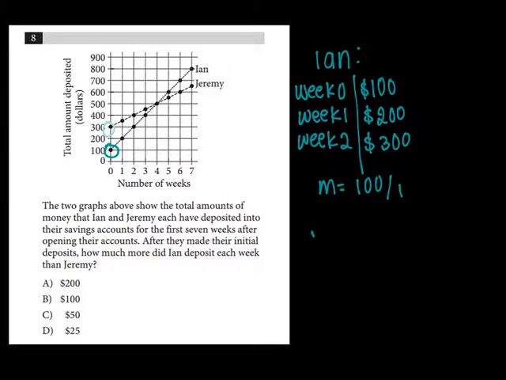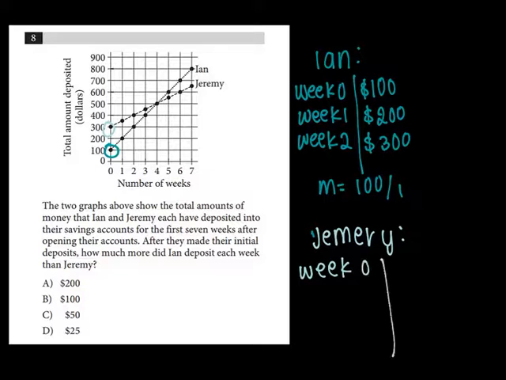Now, as we look on to Jeremy, we see that he starts with 300, which is, once again, more than what Ian started with. And let's just write this down. And as he moves on to week 2, we see that he only deposited $50 more into his savings account, as the point is between 300 and 400.